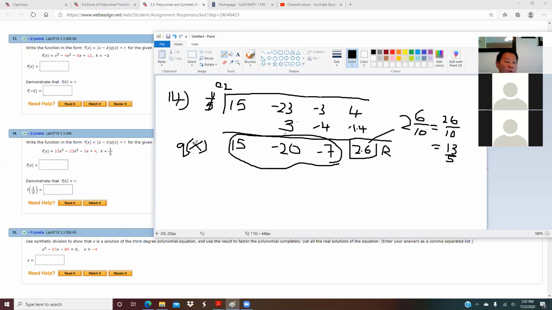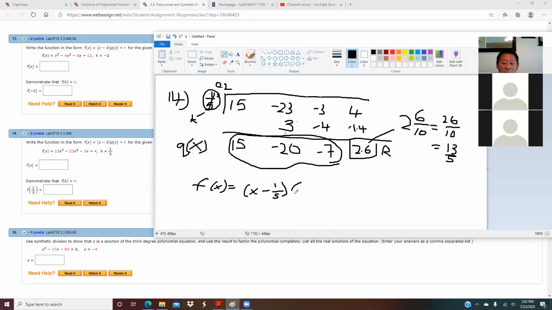So how do you write your answer as the f of x form? So to do question 14, first thing is x minus k, and your k in this case is the one that we divide here. This is your k, don't forget. Don't use 0.2, they want fraction. So it's 1 over 5. We use 0.2 to simplify work.